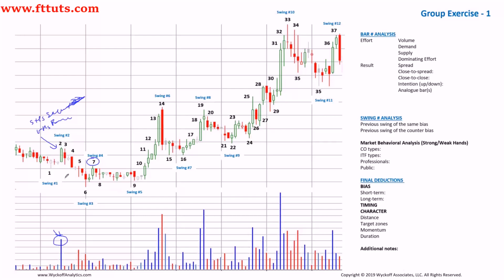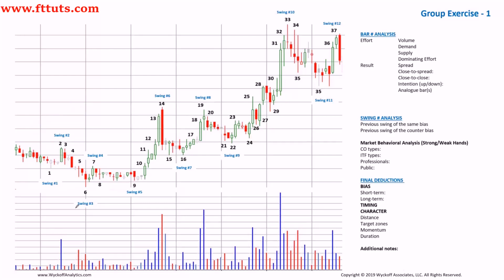So that produces a continuation of the short-term bias to the downside. On bar number 3, we see how the test in a way fails. There is a penetration of the low of bar number 2 by bar number 3 on the intraday basis that suggests weakness and a continuation to the downside.